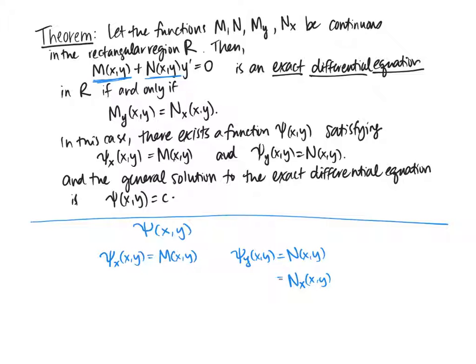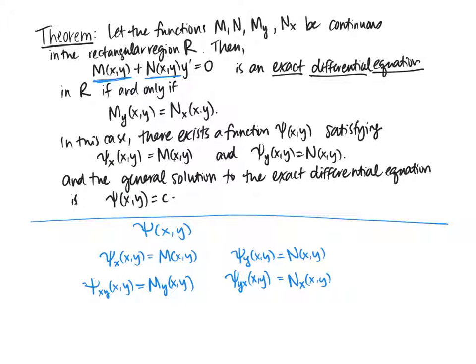So what is the partial derivative of N with respect to x? Well, that's the second order partial of psi with respect to y first, then x. And the partial derivative of M with respect to y is a second order partial of psi with respect to x first and then y. Right?